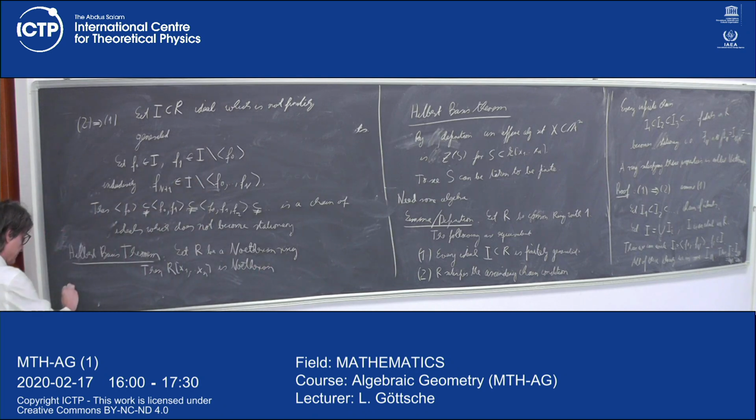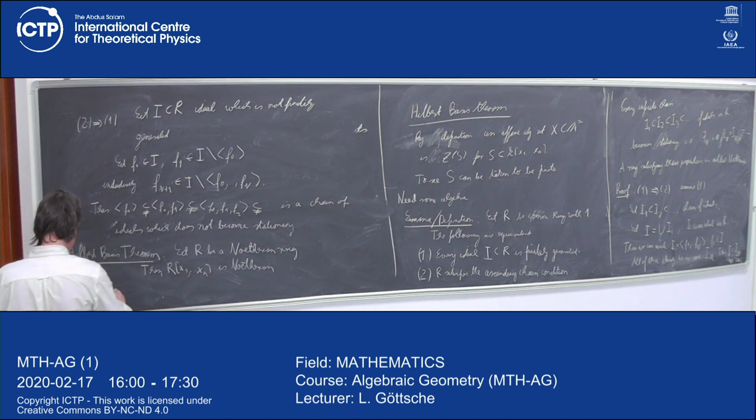So as a corollary, we get that if K is a field, K[x_1,...,x_n] is Noetherian.